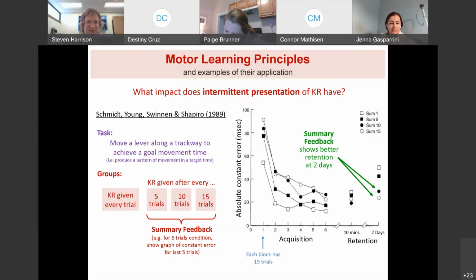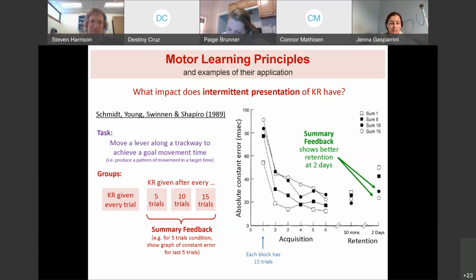So in the 5 trial group, in a block of 15 trials, you would receive feedback on the first set of 5 trials, the second set of 5 trials, and the third set of 5 trials. In the 15 trial case, you would just receive feedback at the end of the whole 15 trials. Okay, so what do we see? We see across the acquisition stage, the errors for all types of feedback decrease significantly.